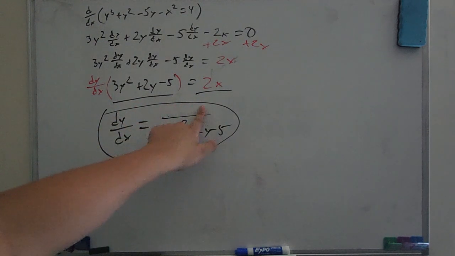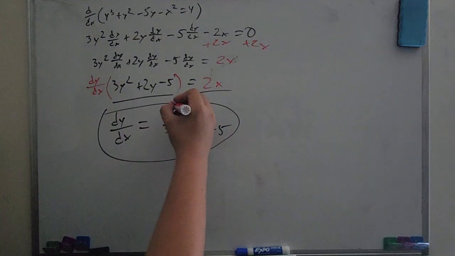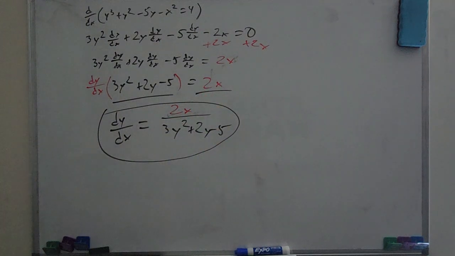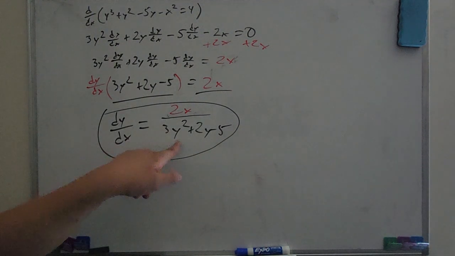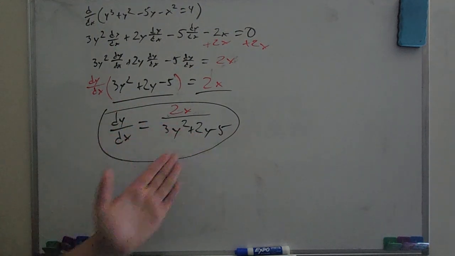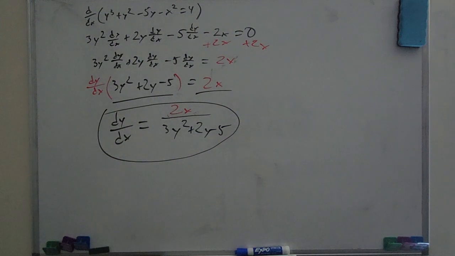I know it looks kind of bad. 2x over 3y squared plus 2y minus 5. That was like a bad minus symbol, but that should be the answer. Because you can't combine these because obviously this is squared, this is just 2y. So that's just the answer right there.